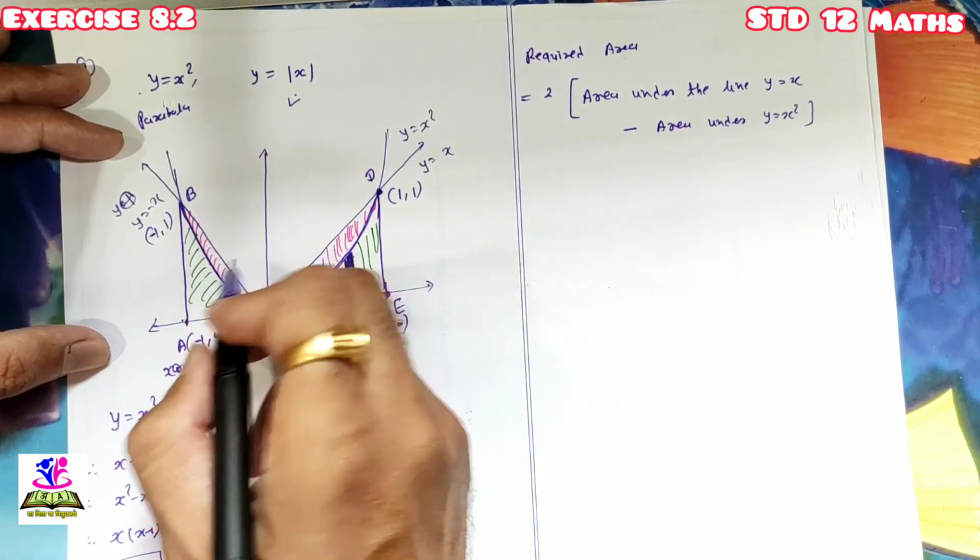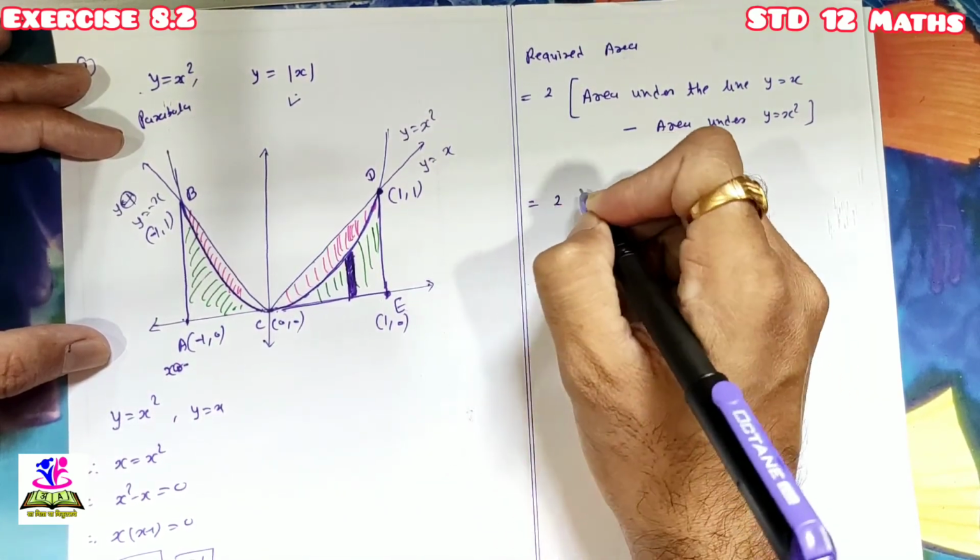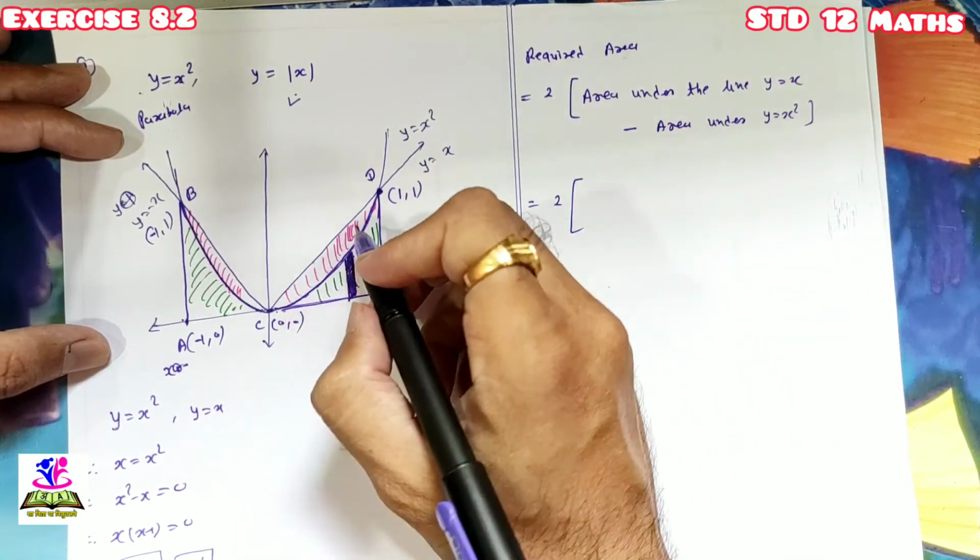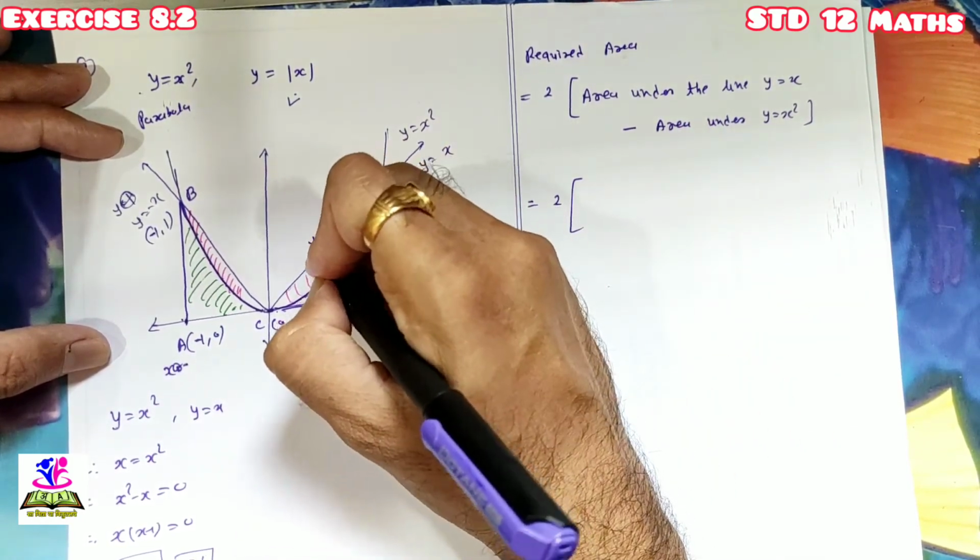Done. डबल करेंगे तो दोनों एरिया मिल जाएगा. तो this is equal to twice of, now the area under the line y equal to x, this is our y equal to x.